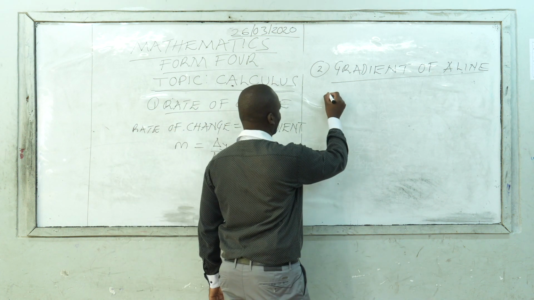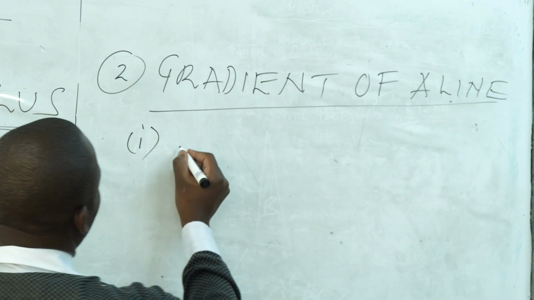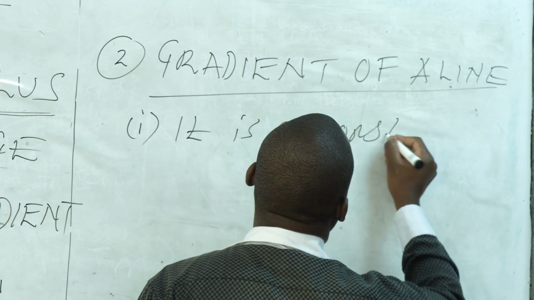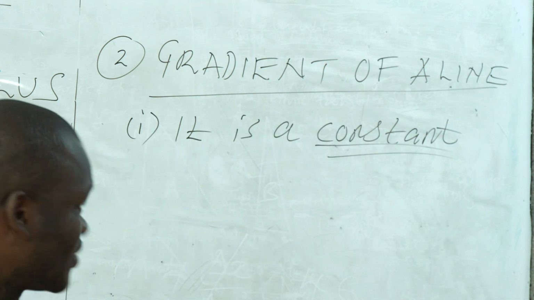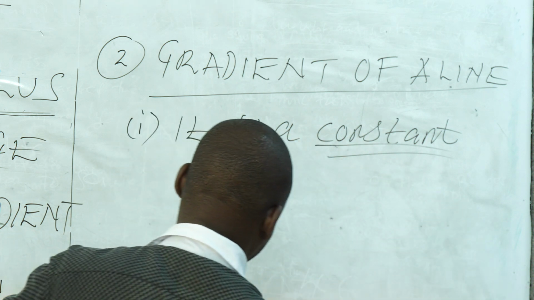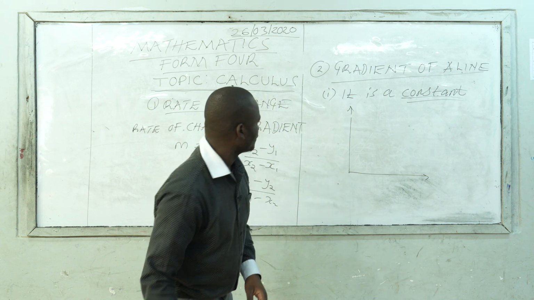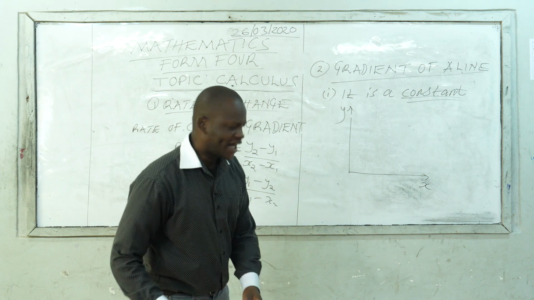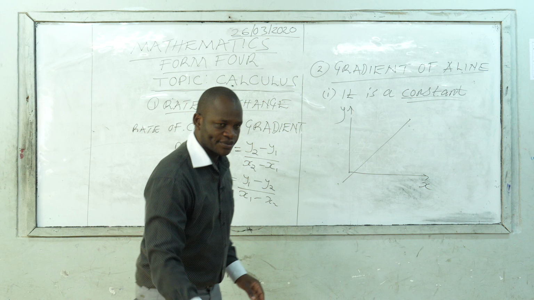So the key thing about the gradient of a line is that it is a constant. Don't forget that. Let me illustrate that. If we have our y-axis and our x-axis, and we have a line with that inclination.